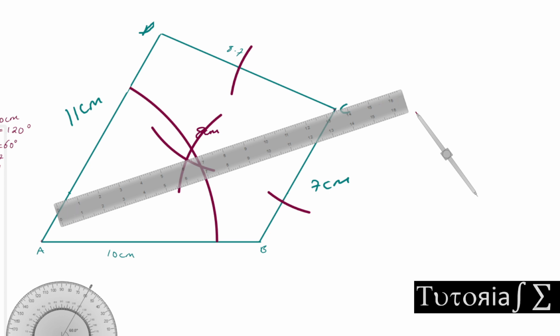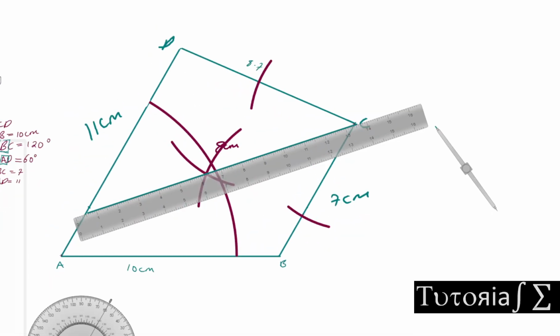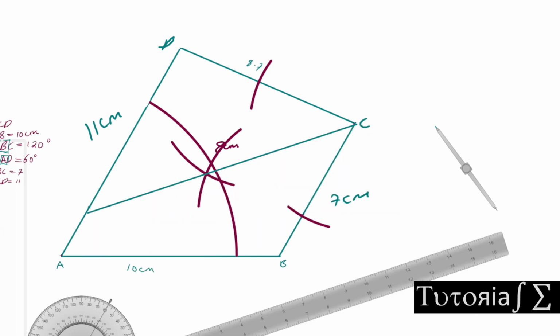All right, so set, then we draw the line from C. That will be equidistant from BC and CD. Right, so we're done with that part.